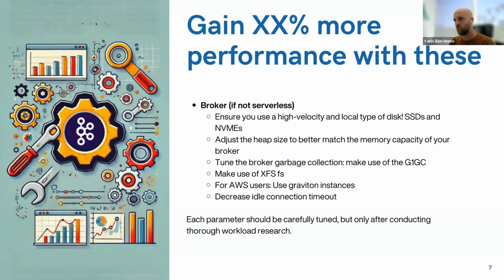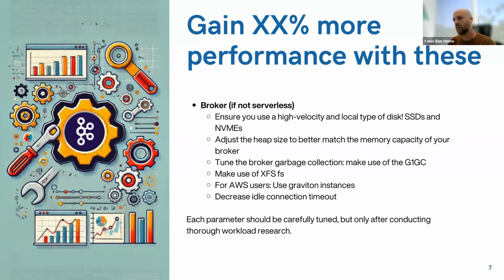Tune and make sure that your broker garbage collection is using G1 GC. That's probably the latest, and probably will be great for all Kafka clusters, I mean, ever since version 2.x. So make sure to use that garbage collector.